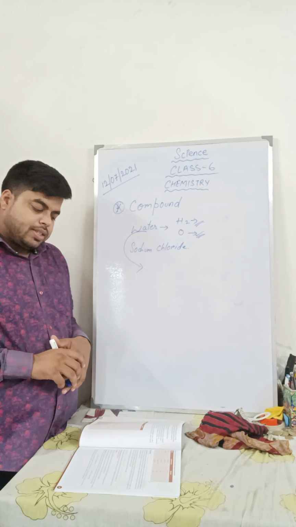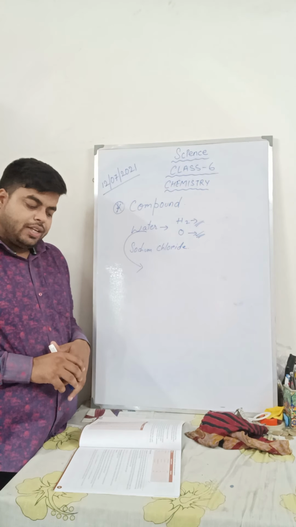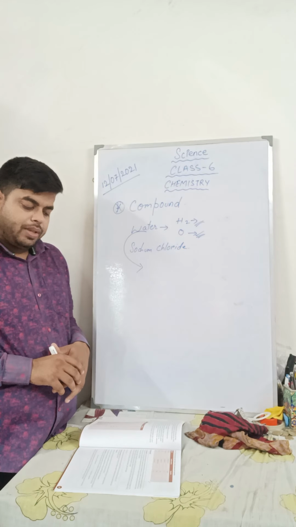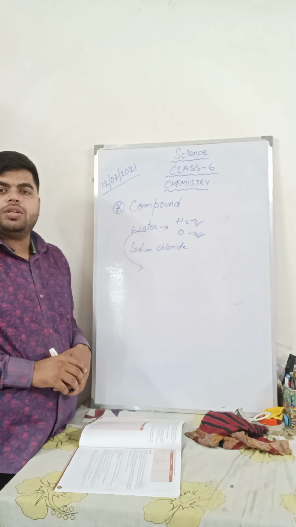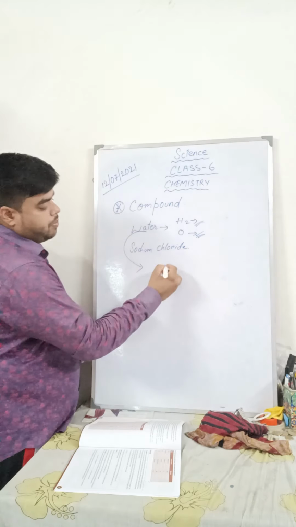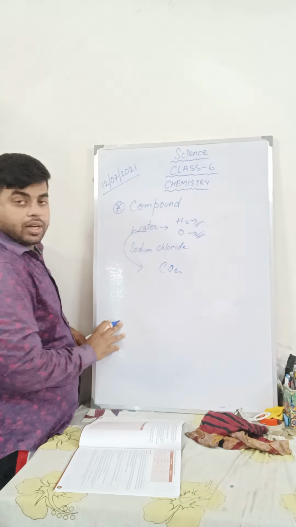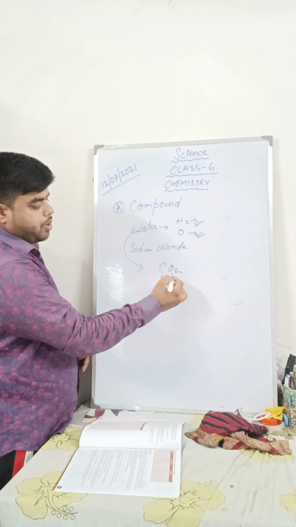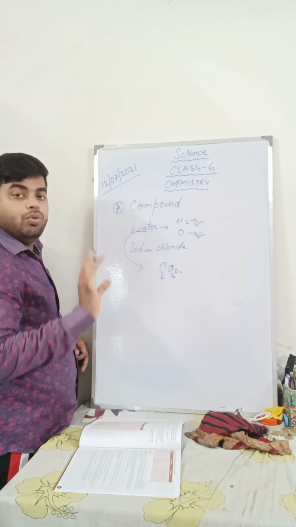For example, carbon dioxide is made up of one atom of carbon and two atoms of oxygen. The properties of carbon dioxide are very different from that of a carbon atom or an oxygen atom. So when carbon dioxide is formed, the properties of carbon and the properties of oxygen move away.